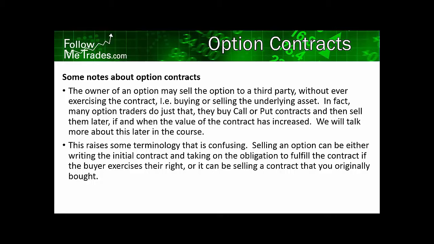When people write a contract, certain strategies for writing contracts carry a tremendous amount of risk. In fact, unlimited risk. Unlimited risk keeps me up at night, right? If I could lose more money than I have in my account, that troubles me. So I don't do that. So selling an option can either be writing the initial contract and taking on the obligation and all that risk, or it can be selling a contract that you originally bought.